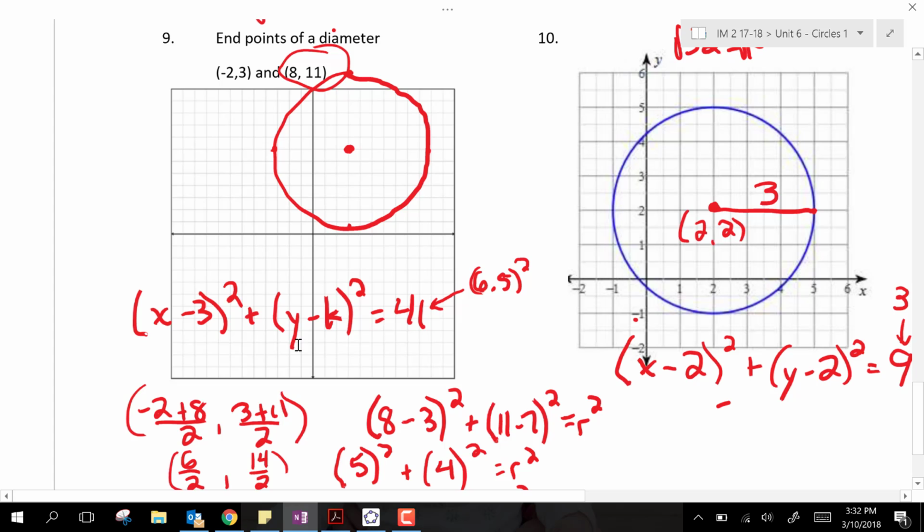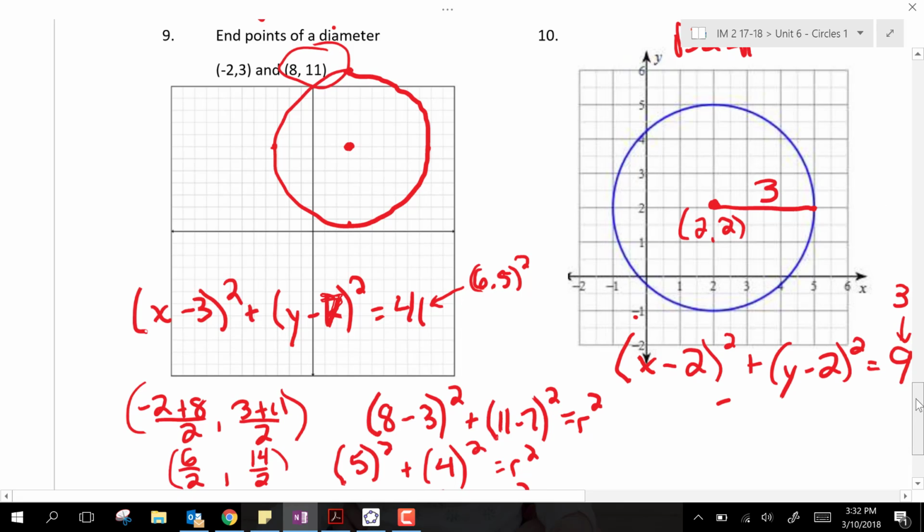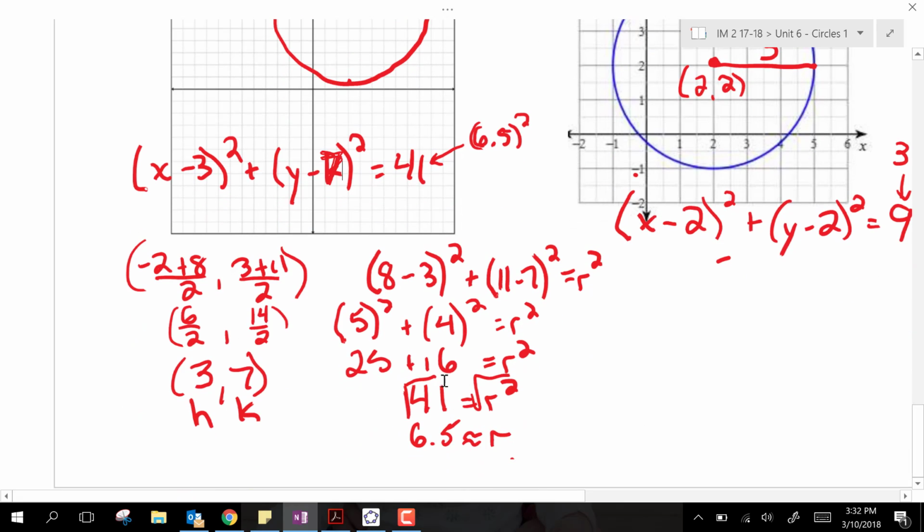But when we write our equation, remember our coordinates for the center are opposite, so x minus 3, even when we want 3 to the right, and y minus k should be minus 7, squared equals, and again we square the radius, which is what we had in the beginning, so 41 is r squared, and we have our equation.